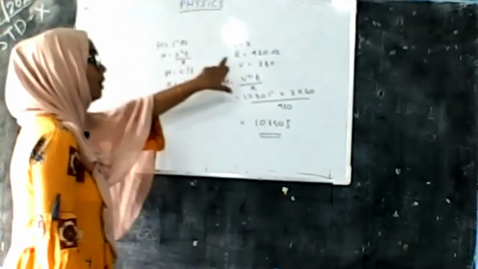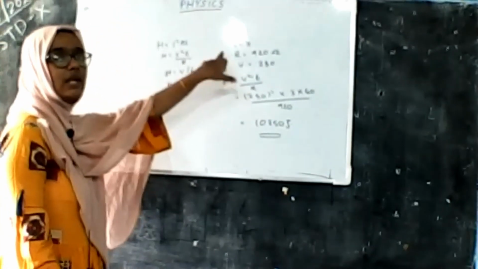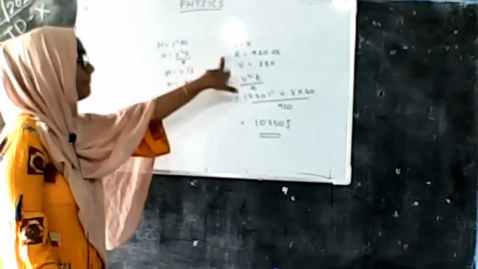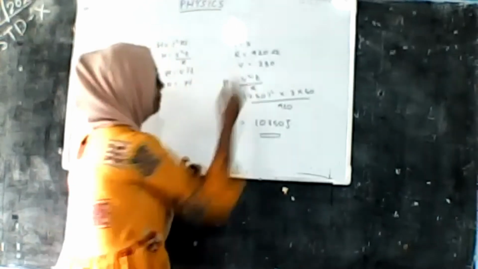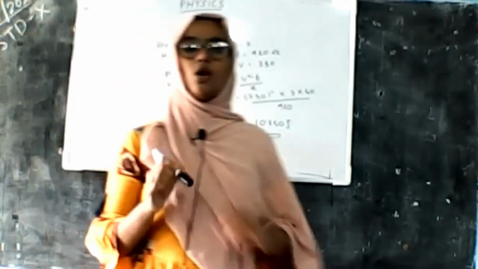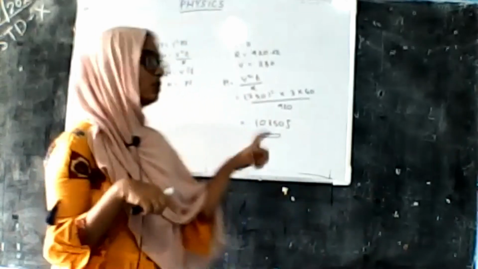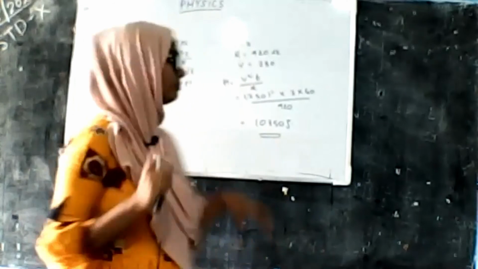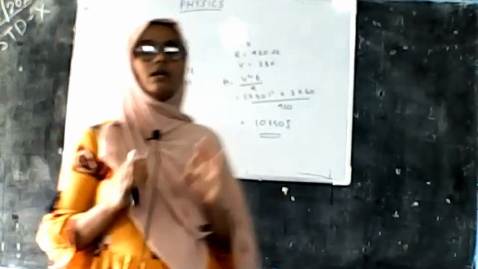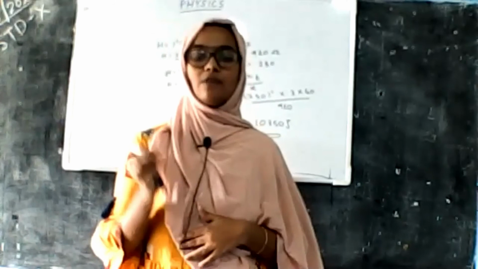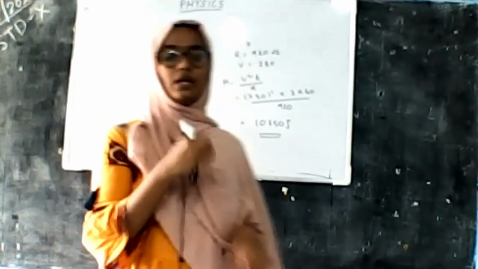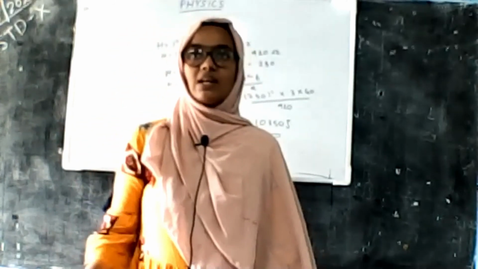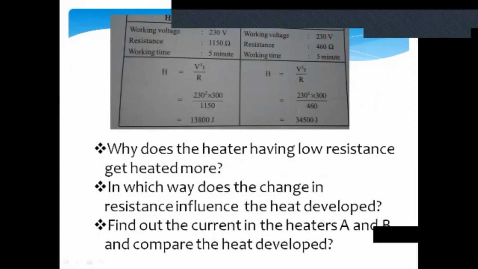We have to calculate the current first, that is, I is equal to V by R. Then, with that current, we use H is equal to I square RT for finding the amount of heat produced here. And in our next slide, this is a solved problem.